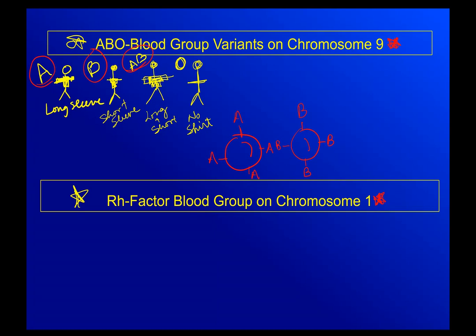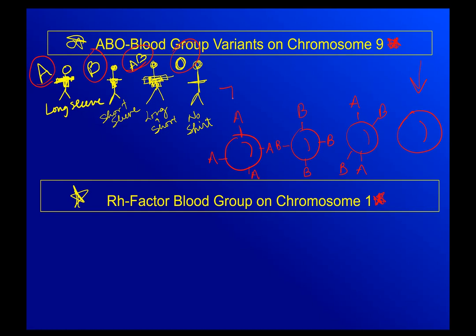Type AB, well, in that case, you're going to show both A antigens and B antigens. And then with type O, there's nothing. See how there's nothing showing on the surface of this cell?